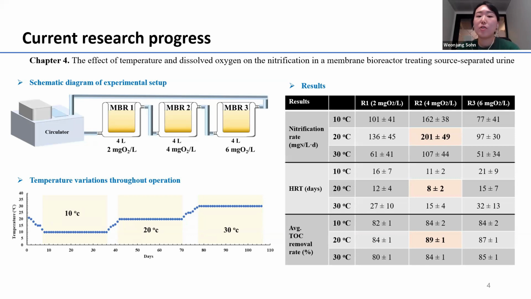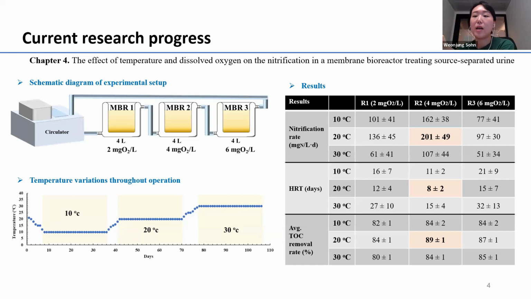And my result is showing that 20 degrees had the best nitrification and shortest HRT rather than 10 degrees Celsius and 30 degrees Celsius. It means that at 30 degrees Celsius, the balance of AOB and NOB, the nitrifying bacteria, may be affected by the temperature.